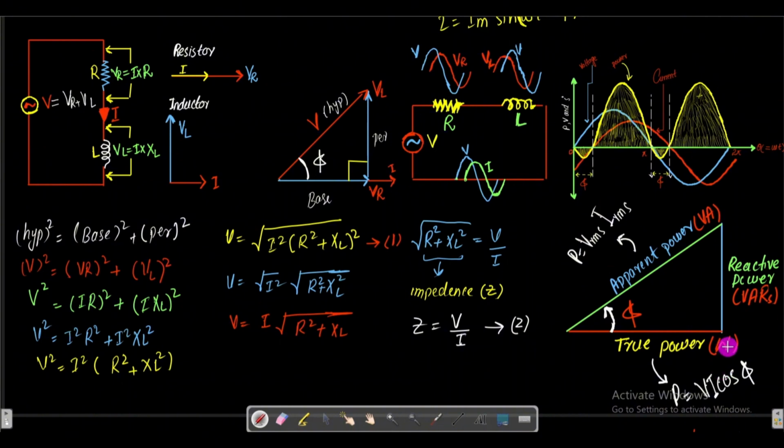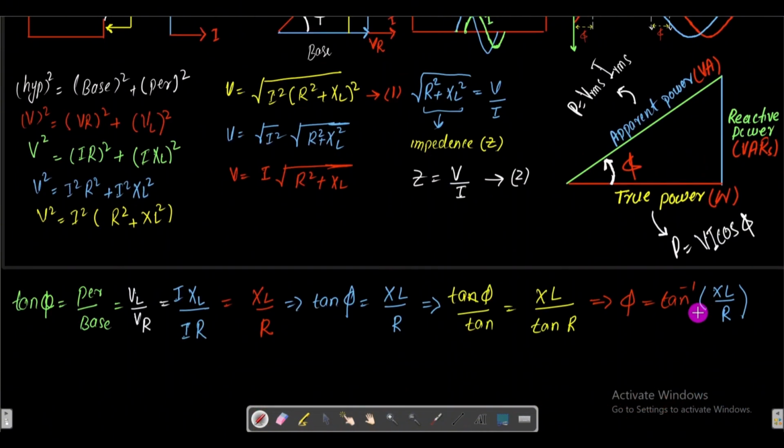So some power will be dissipated in the form of that magnetic field. That dissipation of power in the form of magnetic field is called the reactive power. So on this side we will have the reactive power, and on this side we have the true power.